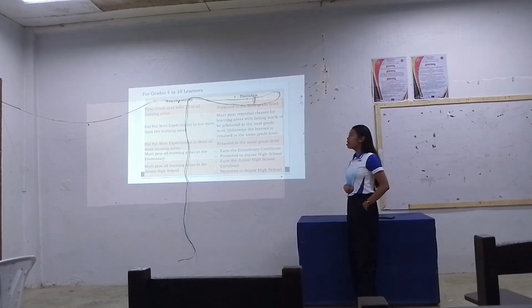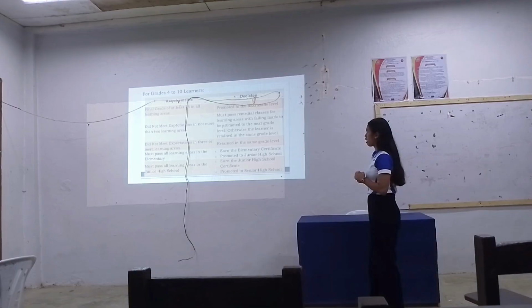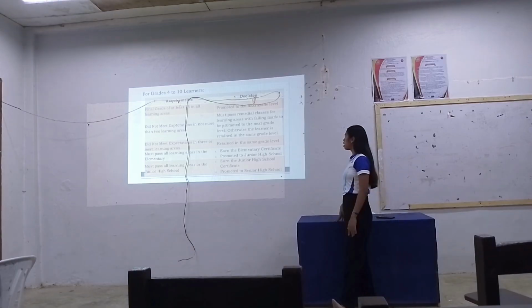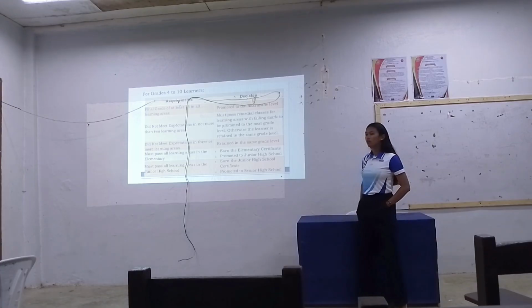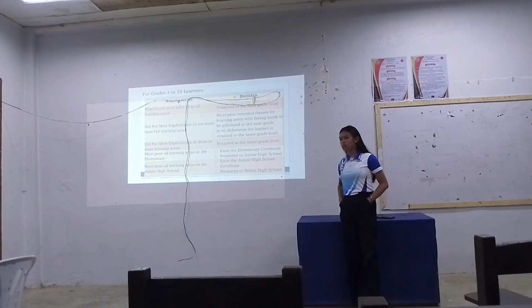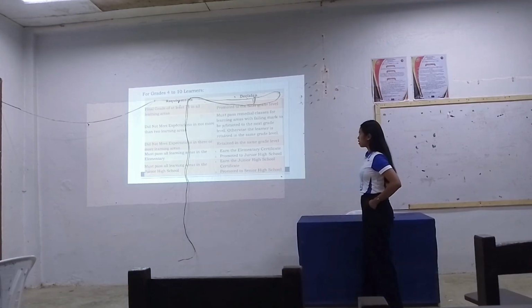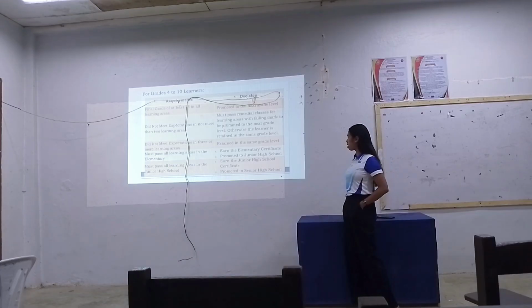So, sa grade 4 to 10, kung dili ka makamit sa expectations 2 or more learning areas, must pass remedial classes for learning areas with failing mark to be promoted to the next grade level. Otherwise, the learner is retained in the same grade level. So, remedial must be passed, no? Para makakuan ka sa next grade level. So, did not meet expectation in 3 or more learning areas, retained in the same grade level.